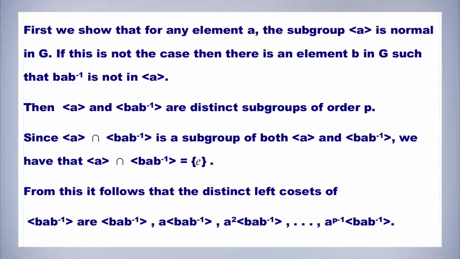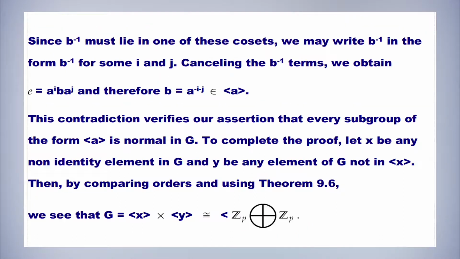The set generated by B A B inverse, comma, A times the set generated by B A B inverse, comma, A squared times the set generated by B A B inverse, and so on up to A power p minus 1 times the set generated by B A B inverse. Since B inverse must lie in any one of these cosets, we can say that B inverse can be written in the form A to the i times B A B inverse to the j for some i and j.